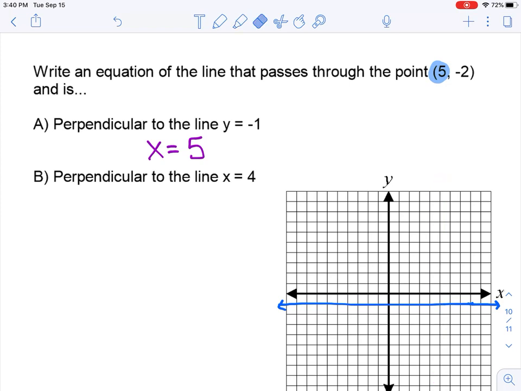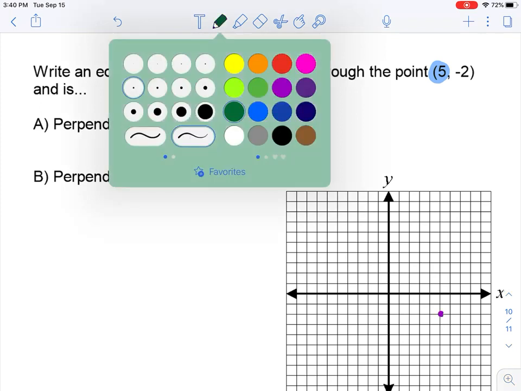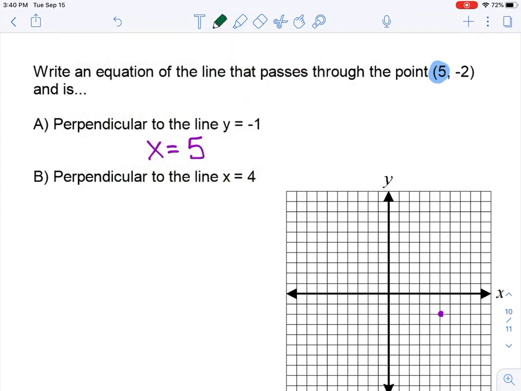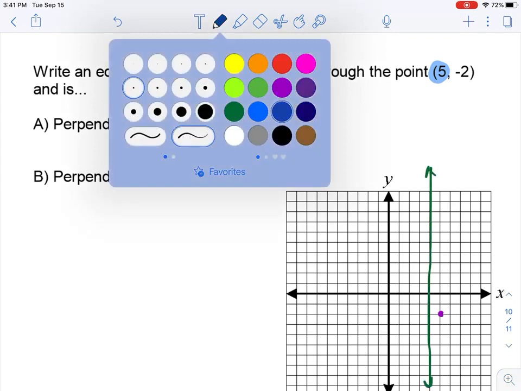And lastly, we have the line perpendicular to x equals 4. So x equals 4 is a vertical line, which means our perpendicular line will be horizontal.